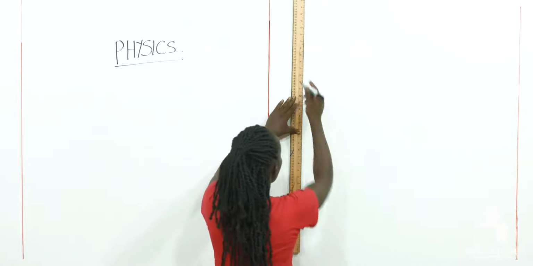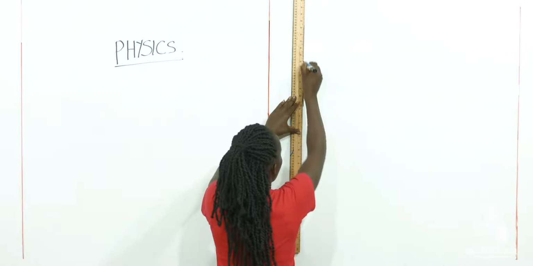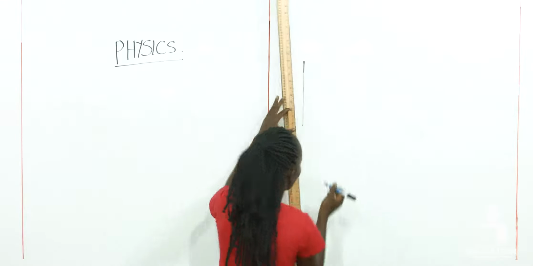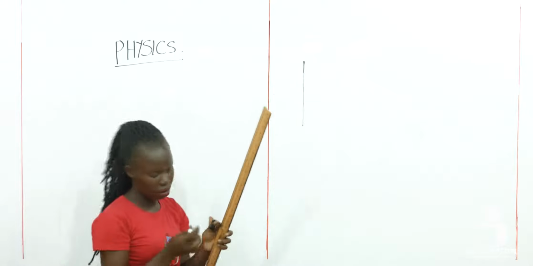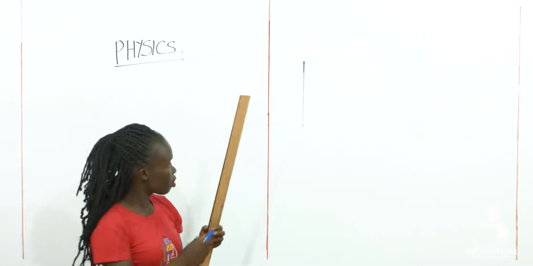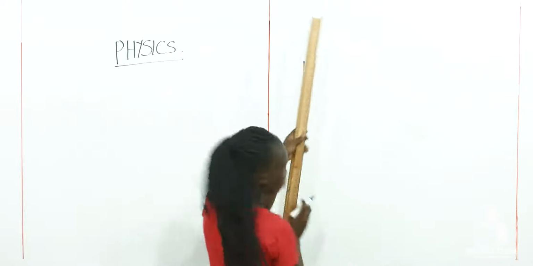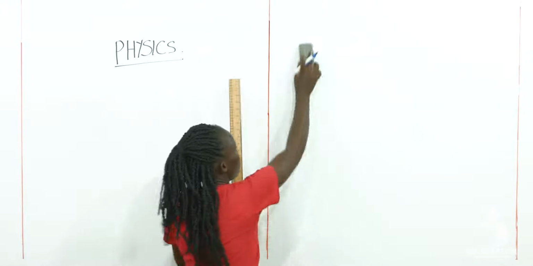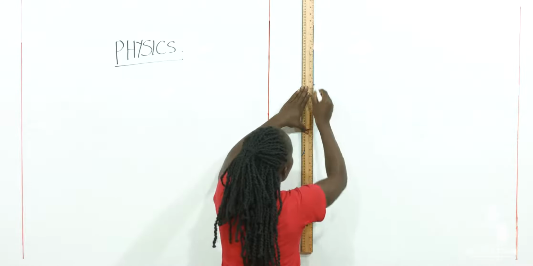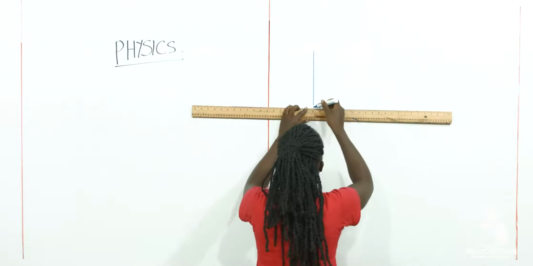We had two graphs like this. This was our first graph of volume against temperature.